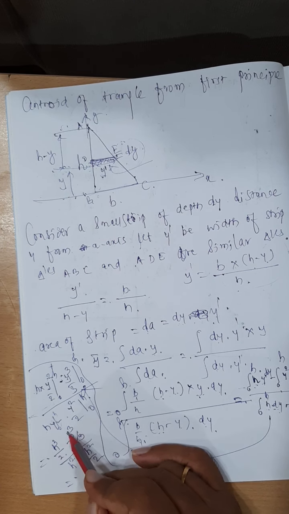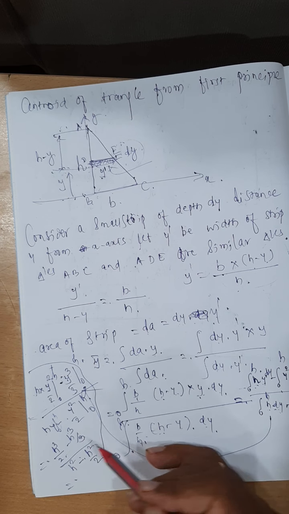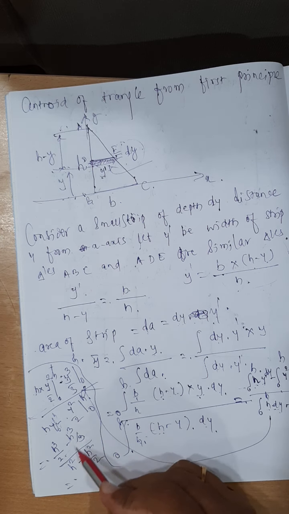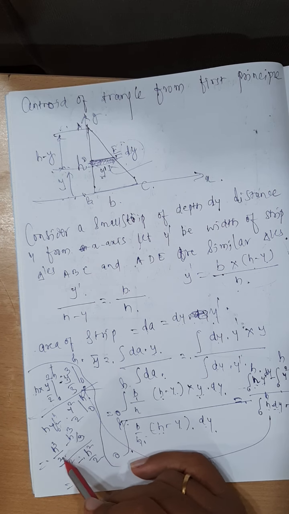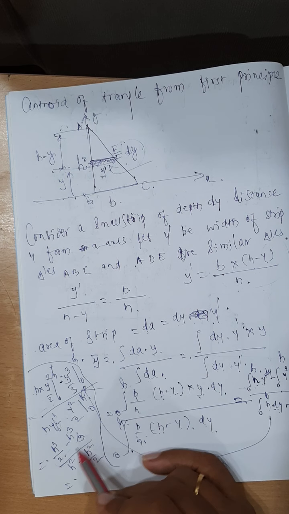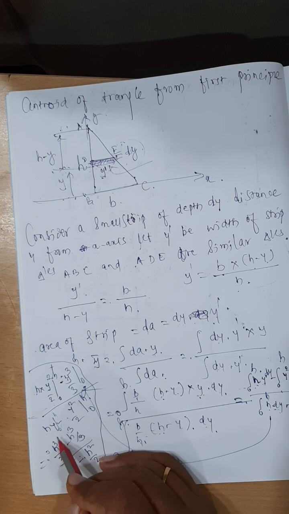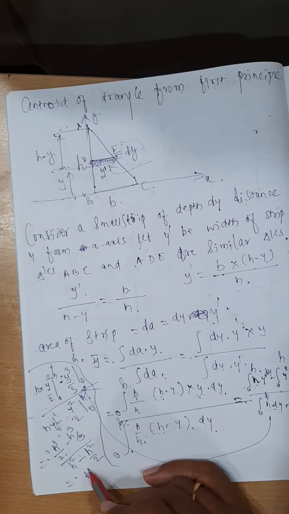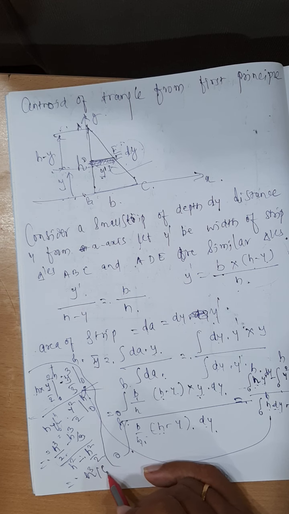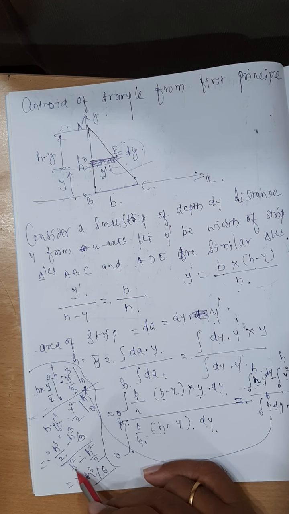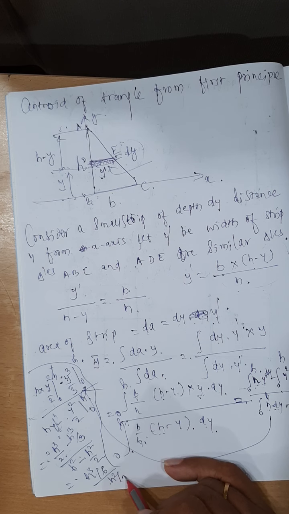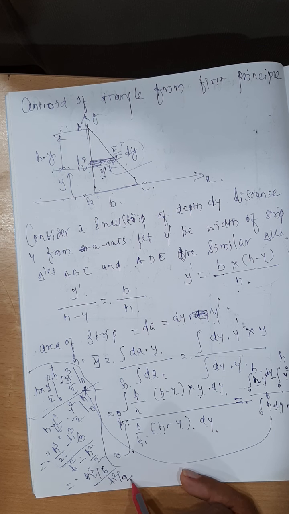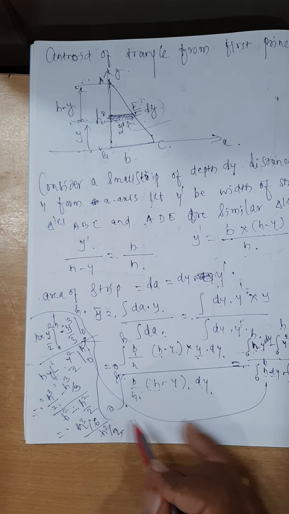The LCM is 6, so at the top you get h cube divided by 6, and in the bottom h square by 2. Finally, h cube by 6 divided by h square by 2 is equal to h by 3.